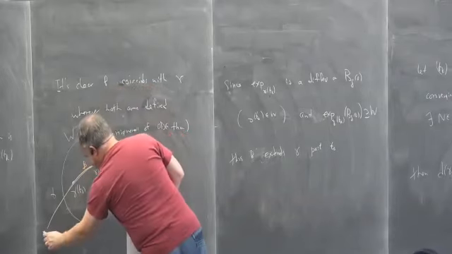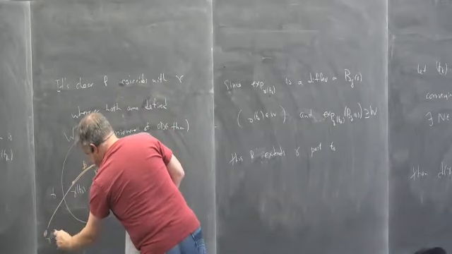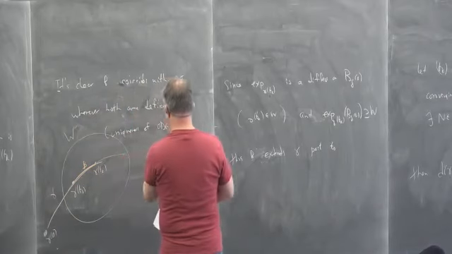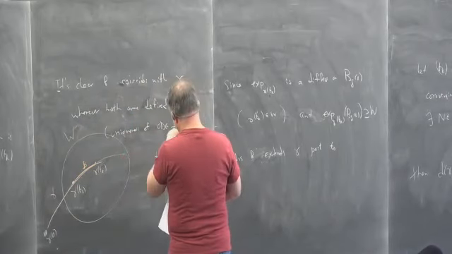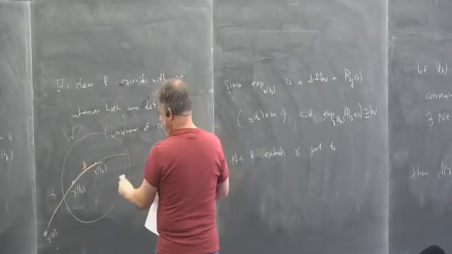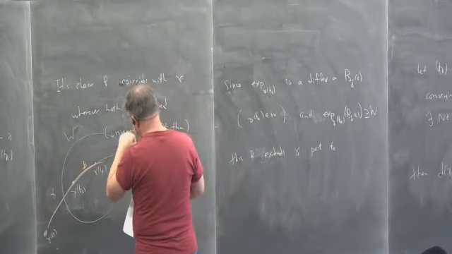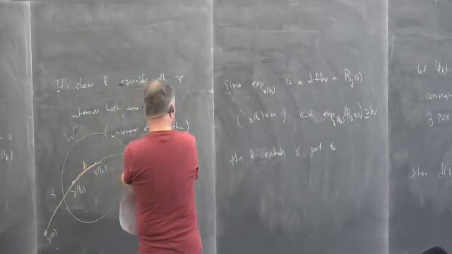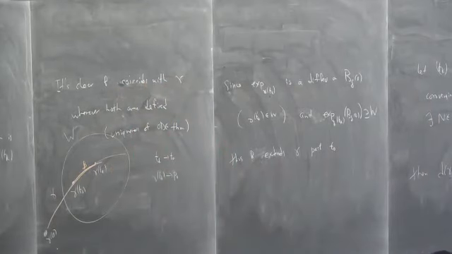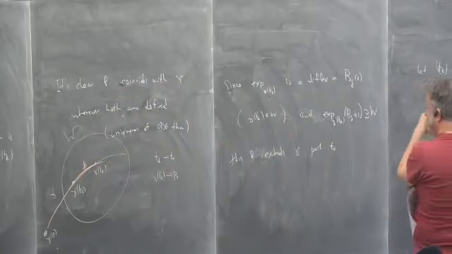So gamma is coming from here, gamma of 0, and the t_k are going to t naught, and the gamma of t_k are going to P naught, and P naught is somewhere in here. What am I doing? P naught.